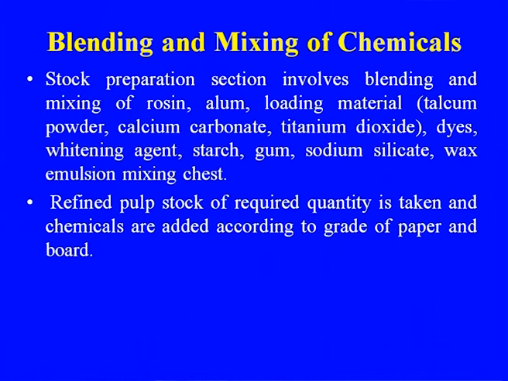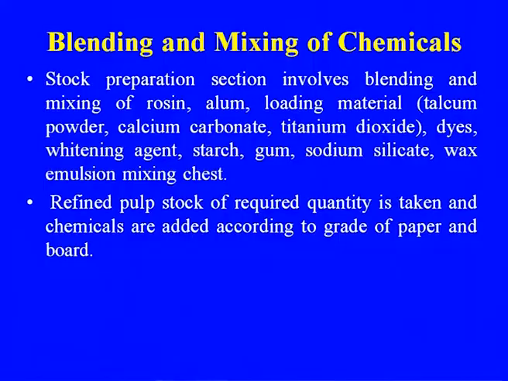Loading materials such as talcum powder, calcium carbonate and titanium oxide are used as fillers in the paper. In the case of writing paper, you can go as high as 12 to 14% filler, and the cost depends upon the quality of the paper, whether we are using talcum powder or calcium carbonate.